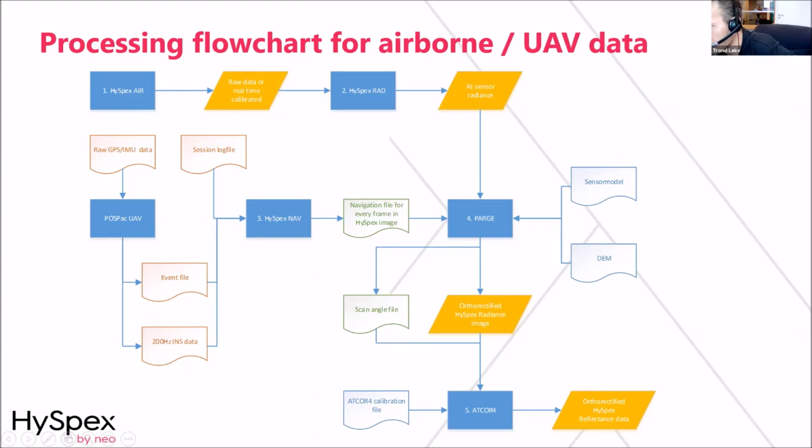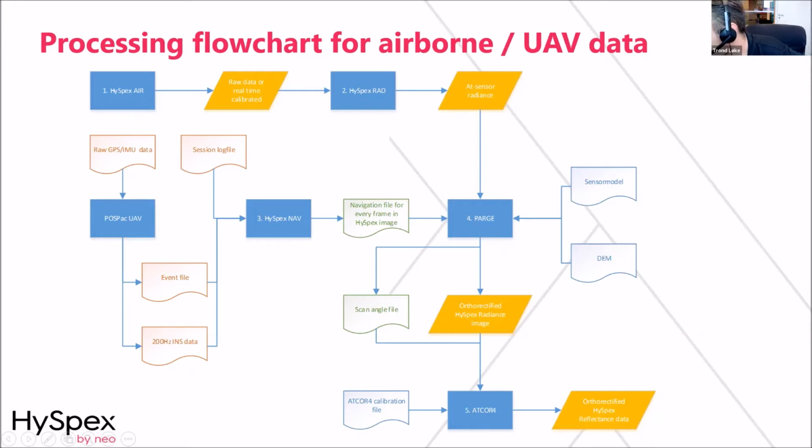Pushback is processing the INS data, GPS and IMU to a 200 Hz INS file and an event file. And then together with the log file from Hyperspex Air, Hyperspex nav can then resample to mid exposure of every frame. And then you get one text file for each Hyperspex image with the frame number, XYZ, roll, pitch, heading, and GPS time. So to do georeferencing in parts, you need that file.